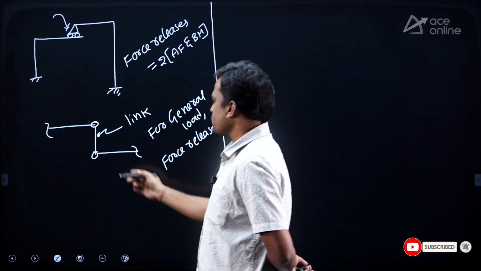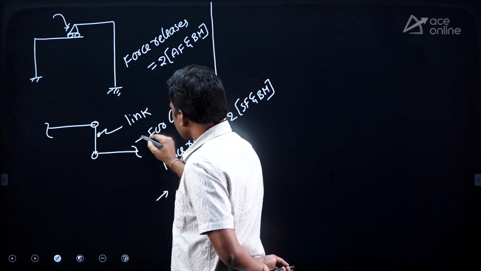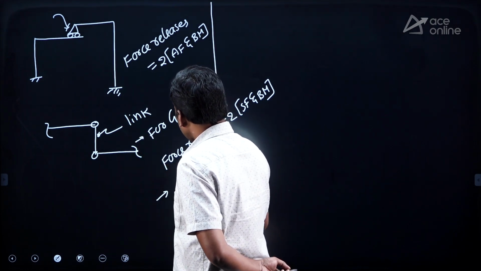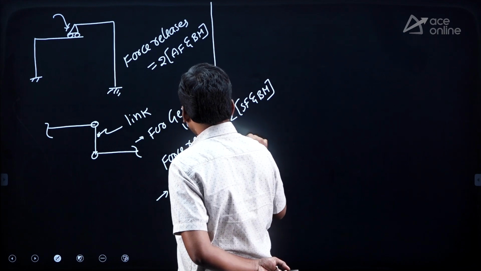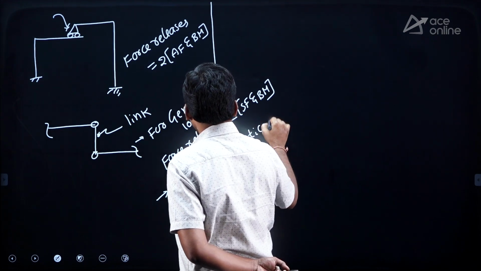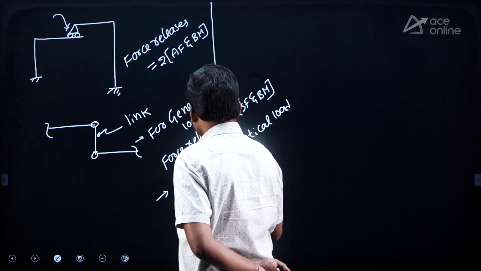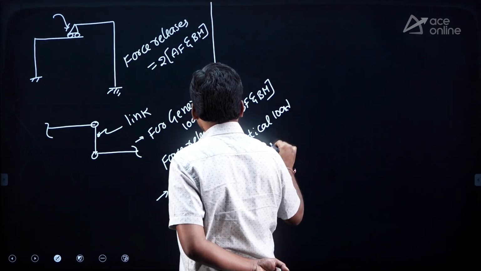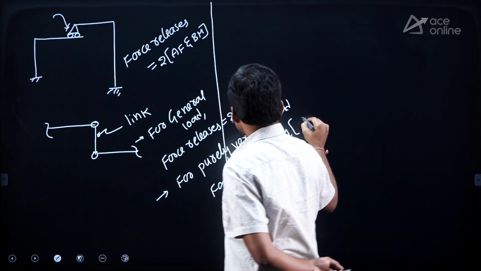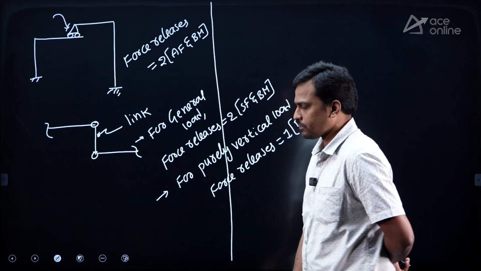Then if it is a purely vertical load, how many force releases for purely vertical load? It is only one, right? So what is one? It is bending moment.